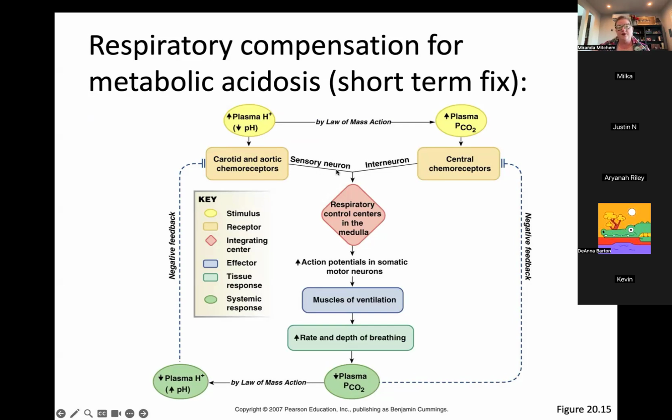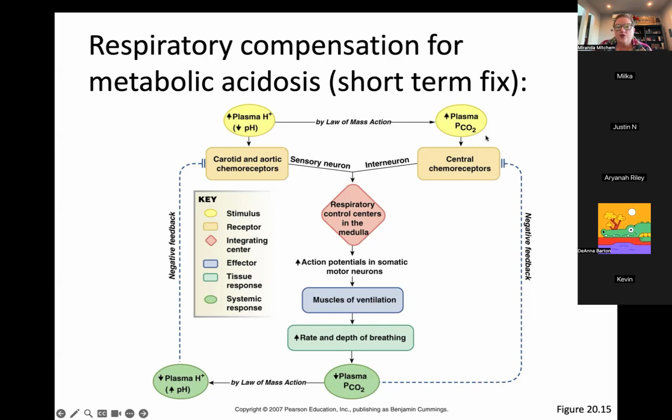So they send the signal into the respiratory control center in the brain. And the output response is we're going to target those muscles of ventilation to increase our breathing rate and also breathe deeper, which will get the carbon dioxide out. And of course, we've got our negative feedback pathways.